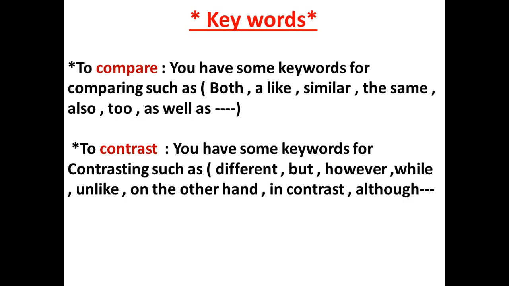Again, for contrasting we can use: different, but, however, while, unlike, on the other hand, in contrast, although. For comparing, we can use: both, alike, similar, the same, also, too, as well as. That's all for this part.